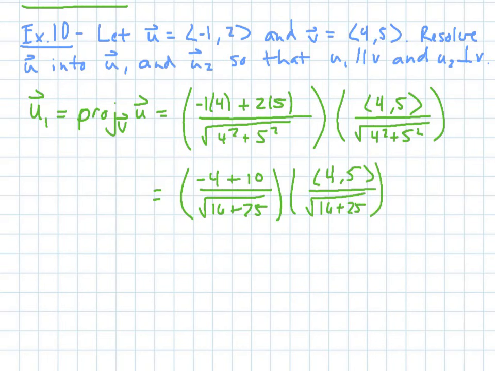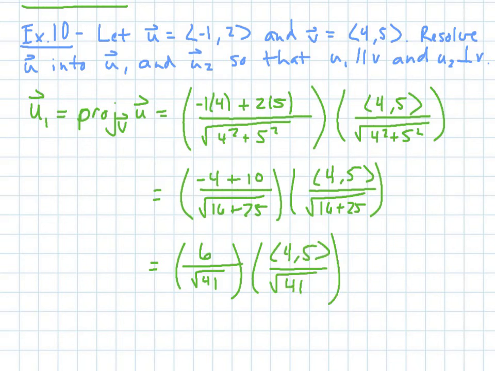Then -4 plus 10 gives you 6, and 16 plus 25 will give you 41. And then you still have your 4 comma 5, and then square root of 41.